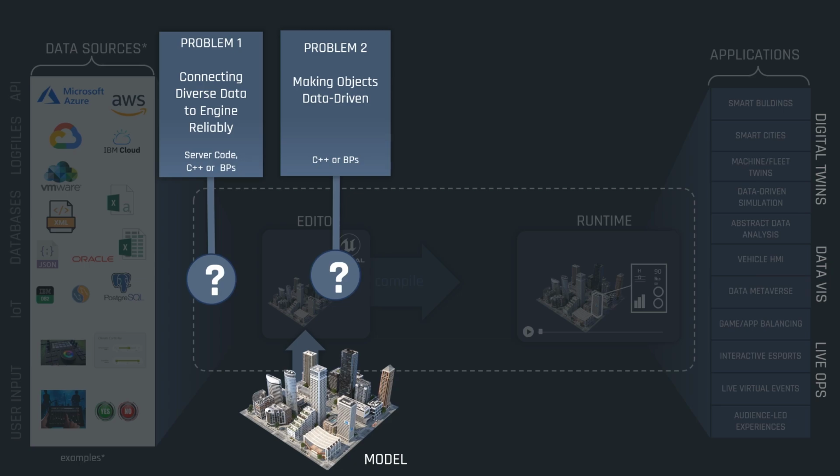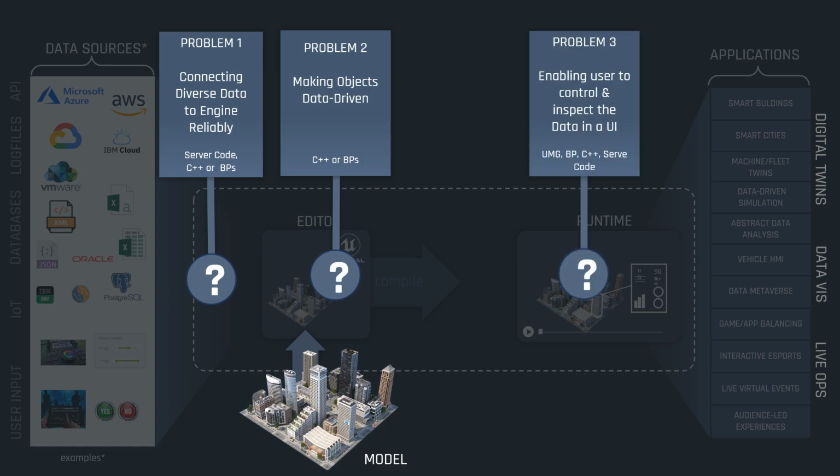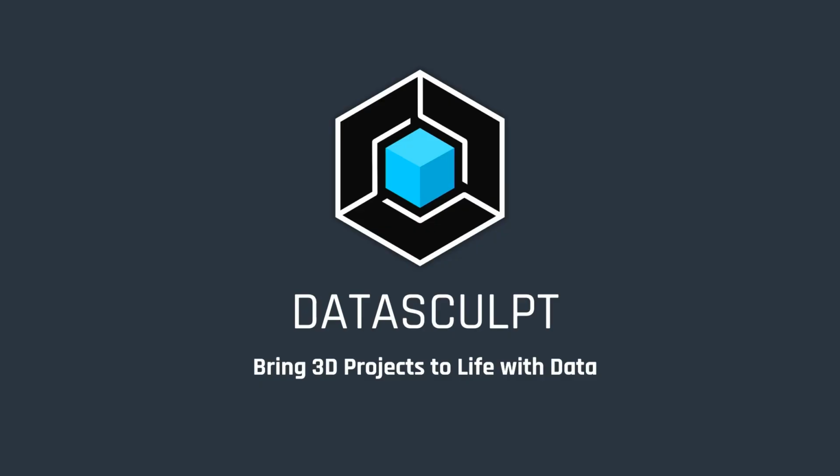Problem 2, now you need to expose that data to drive properties or behaviors inside of Unreal, and again, traditionally C++ or blueprints. Problem 3, you probably need a way for your users to interact with the scene. That's the whole goal of the digital twin, such as to control data playback, query certain points in time. Maybe you have an intricate user interface.